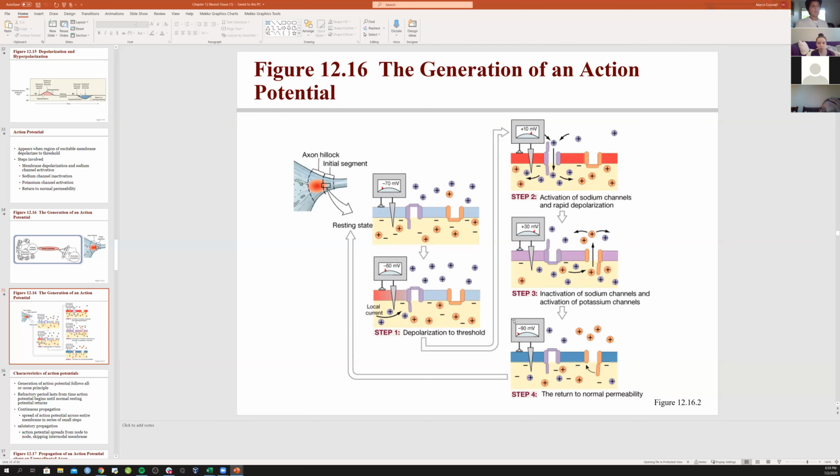So now, in order for the cell to reach the threshold for firing an action potential, it is 30 millivolts away. So it takes a lot more change. In this case, what's causing this initial change?